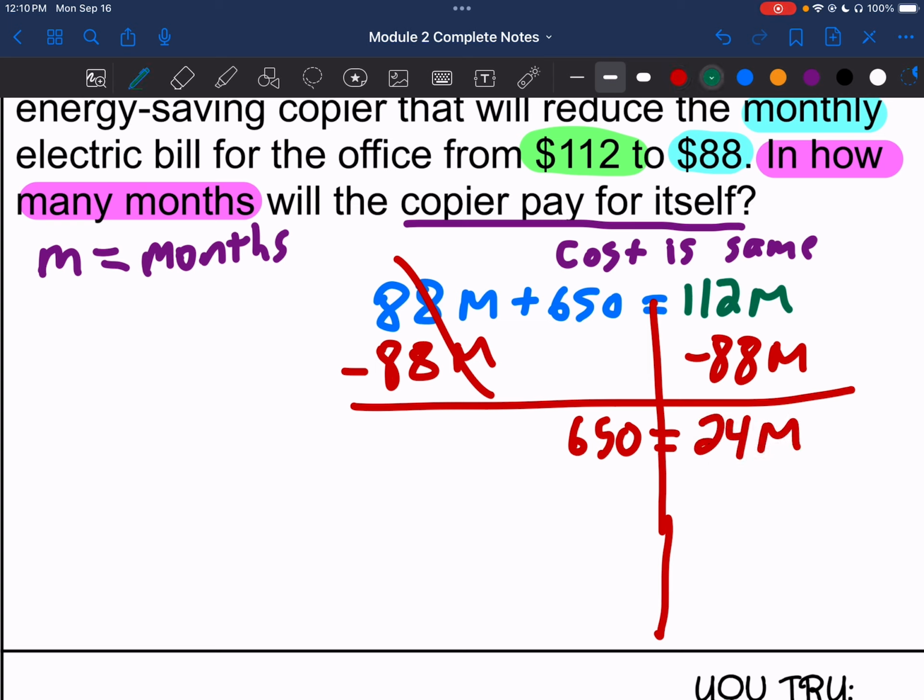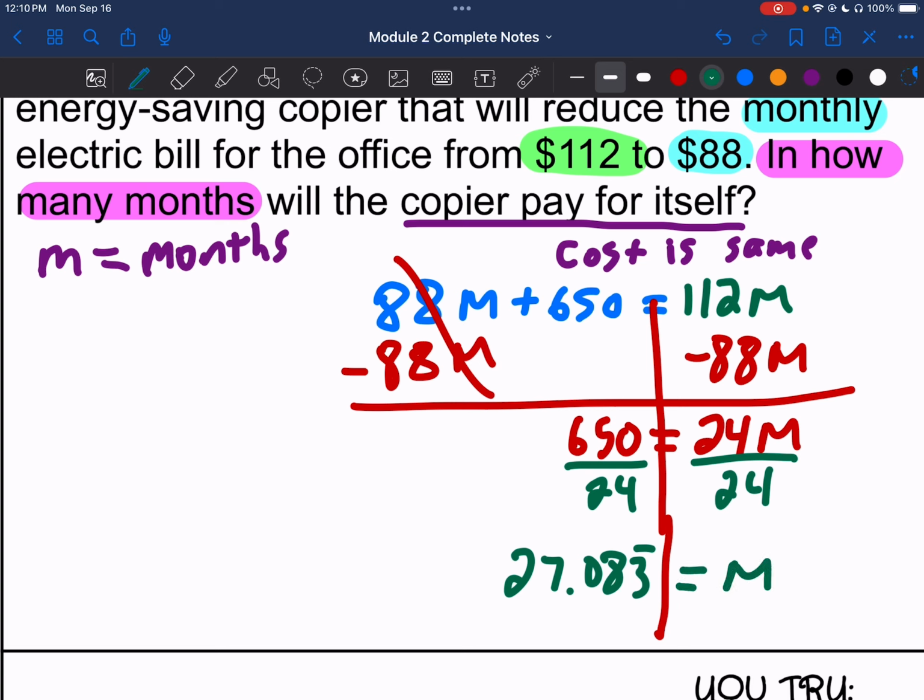And then we just go ahead and divide 24 out. And what do we get? We get 27.083 repeating is equal to m. Now the question has said, after how many months will the copier pay for itself? So in this case, we need to round this up, and we're going to say at 28 months.